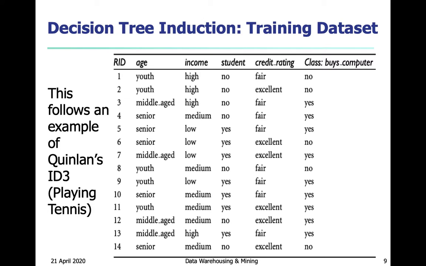A path is traced from the root to a leaf node, which holds the class prediction for the tuple. So decision trees can easily be converted to classification rules.